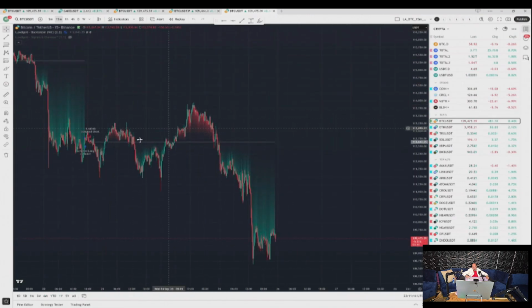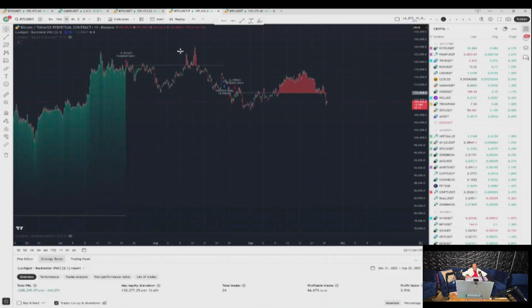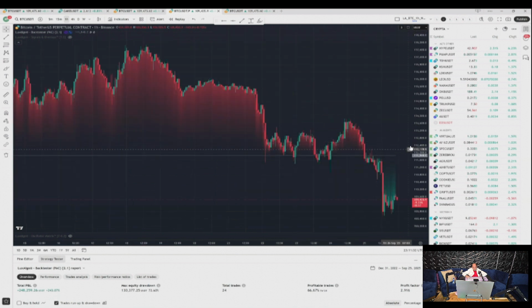Okay, this one is also a better short. Around the same price, I would say. It went short here at around 112 and here also at around 112. I guess it just looks better on the 15 minute.